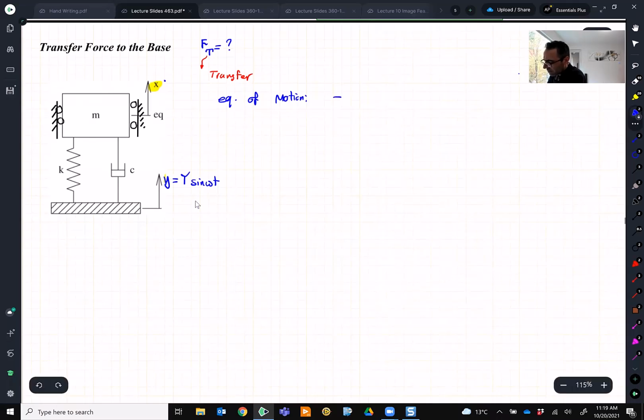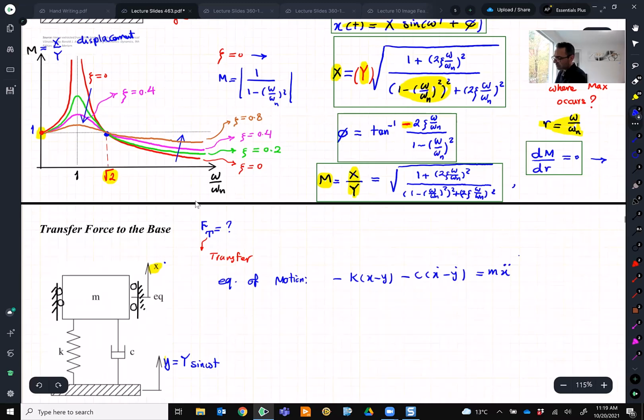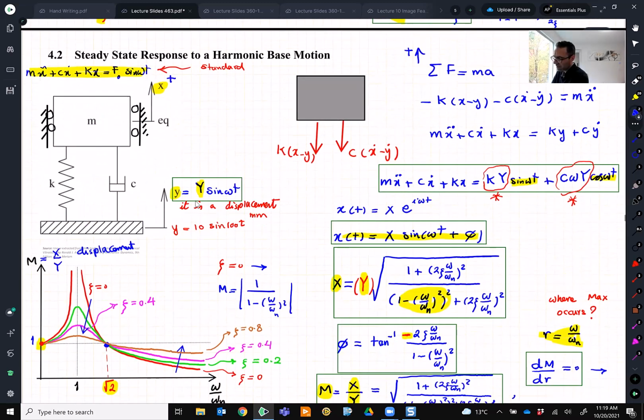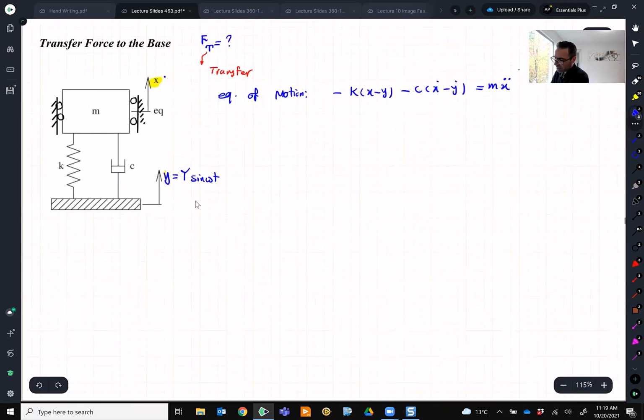Minus k(x minus y) minus c(x dot minus y dot) equals m x double dot. I just wrote the equation that we developed in this slide before doing any simplification on it. Where it comes from, of course, is the free body diagram.